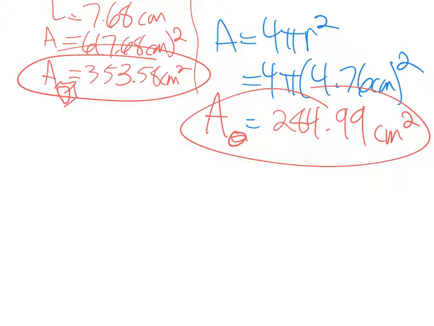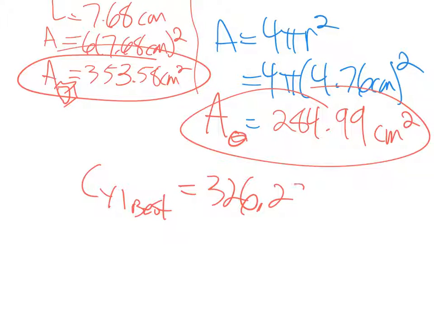So overall, the best cylinder had an area of 326.23 centimeters squared.